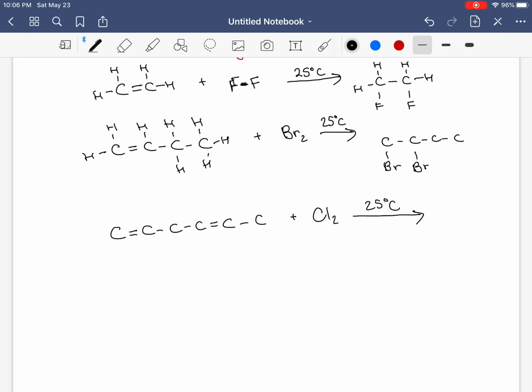Let's just name him 1,4-hexadiene. React it with 1 mole of chlorine gas. What are you going to get?